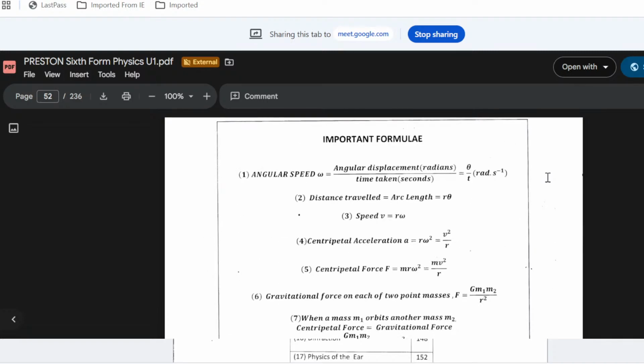All right, so we have some equations here. Let's see what you remember.